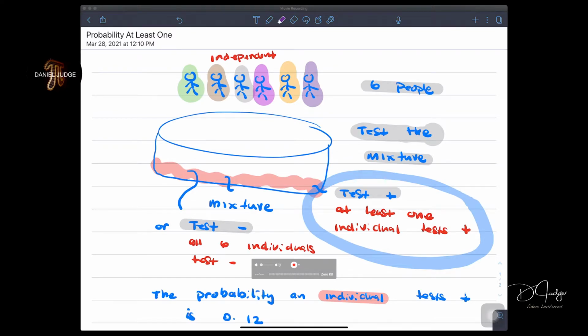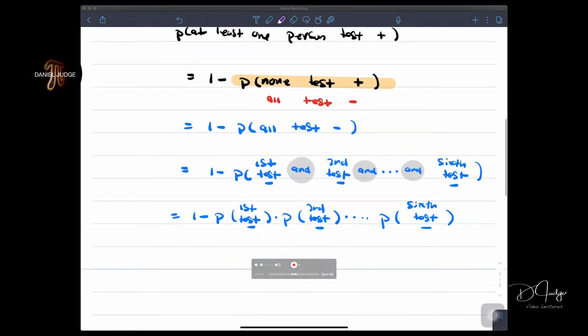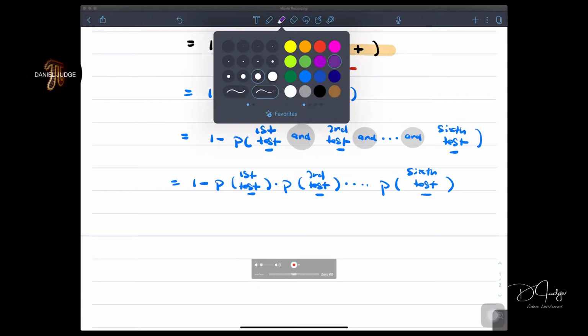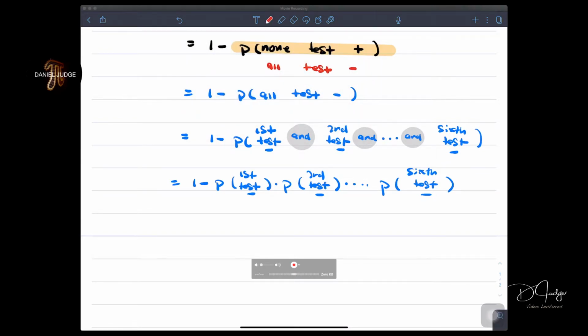Now, go back here, and this is a very involved question. It's a beautiful question. We just simply need to know, what's the probability an individual tests negative?